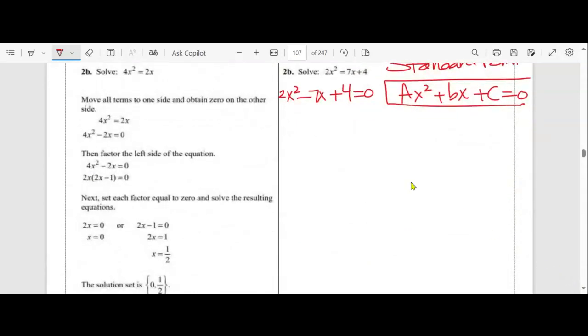Yes. Now can I factor this? What are you going to get? 2x, 1x, correct? 4. 4 by 1 or 2 by 2? So wouldn't 2x be negative? Yes, very good. I was testing you to see if you understand.